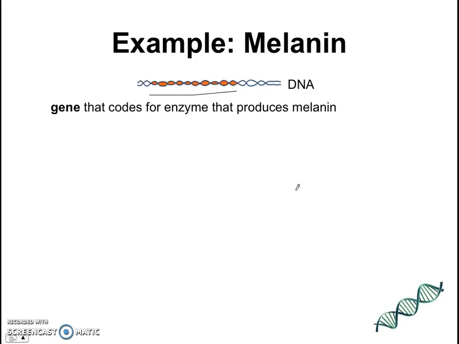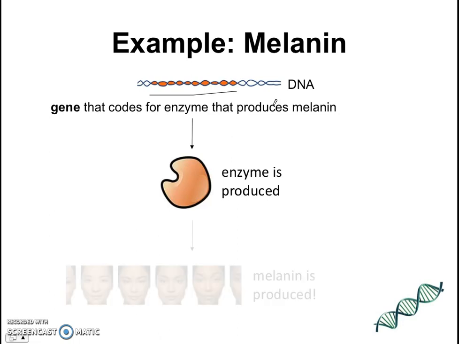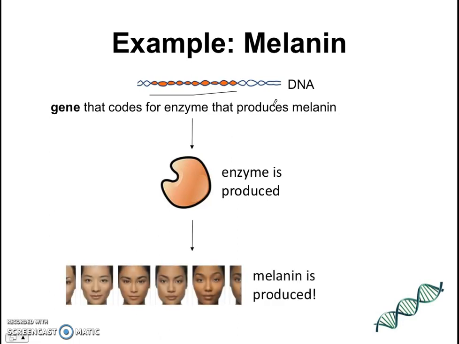So here's another example. Let's think of the example of melanin. There is a gene in your body that gives the instructions that codes for an enzyme that produces melanin. So normally that gene will lead to the enzyme being produced, and then the enzyme will produce melanin so that you have skin color, right? Certain skin color.